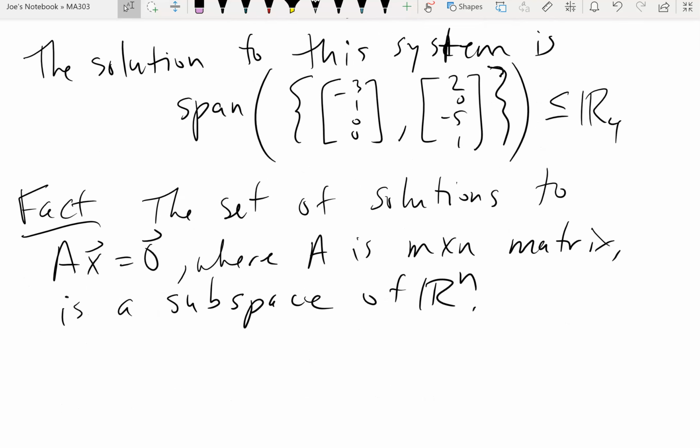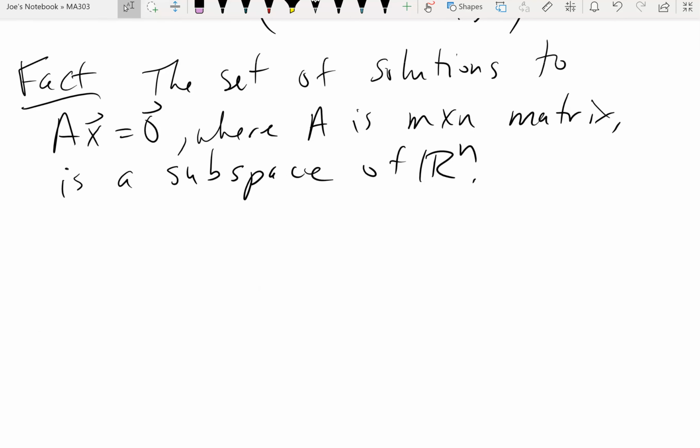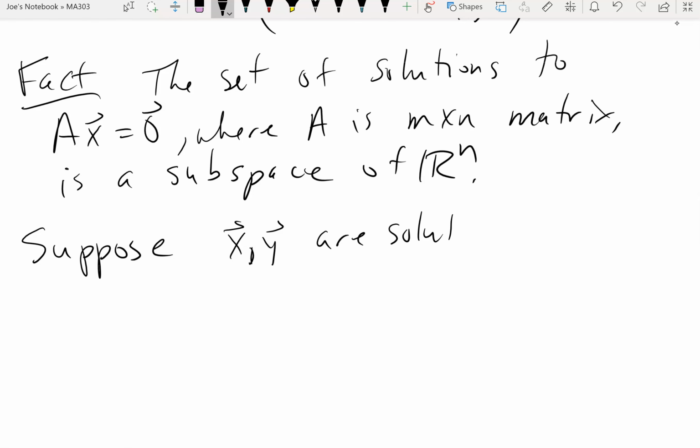If we do this really quickly, just to show you, let's suppose that x and y are solutions to this equation. I'll do the addition. You should be able to do the scalar multiplication.